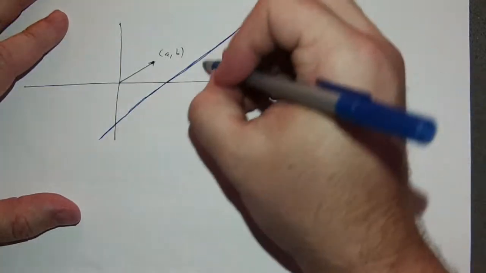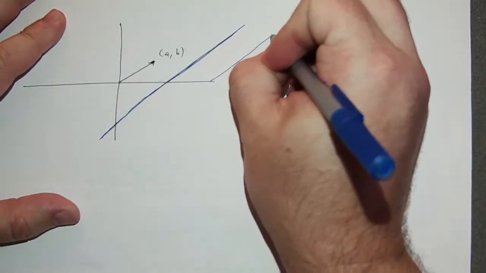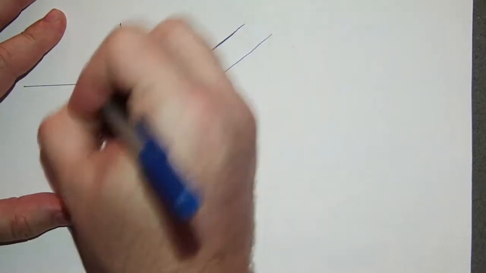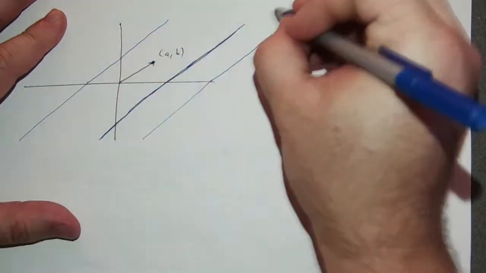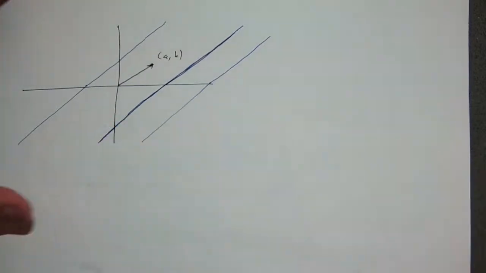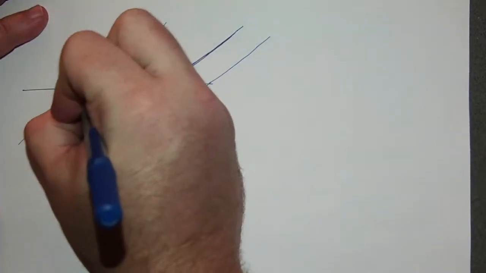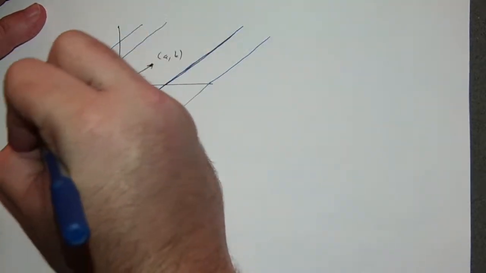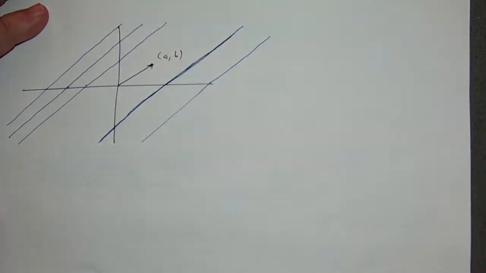This line is parallel to that vector. Here's another one that is, and another one. Of course, we could just extend that vector as well to make another line, but I want to leave the vector here so that you can still see it. Here's another one, right? They don't have to be equidistant from one another. I can make them. There we go. There's more. Here's another one.